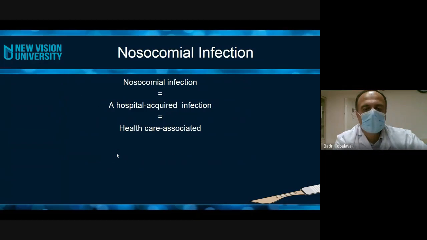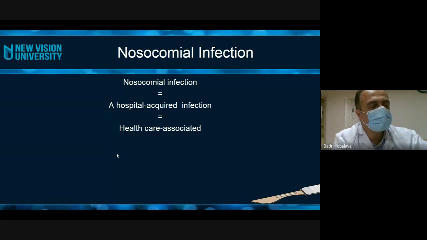Nosocomial infection. Nosocomial infection is the same as hospital-acquired infection or healthcare associated infection. We treat patients in these facilities, and we fight against infection using antibiotics. But the side effect of such measures is the increased resistance of the microorganisms against antibiotics.